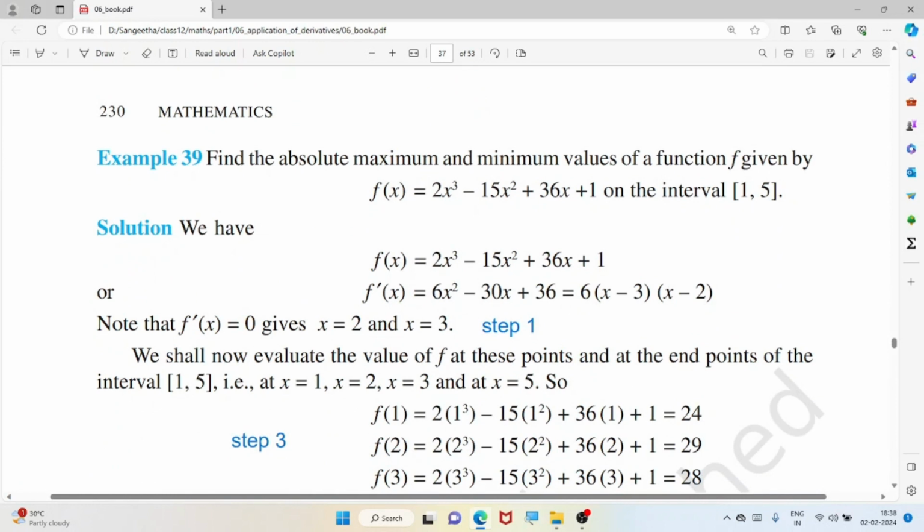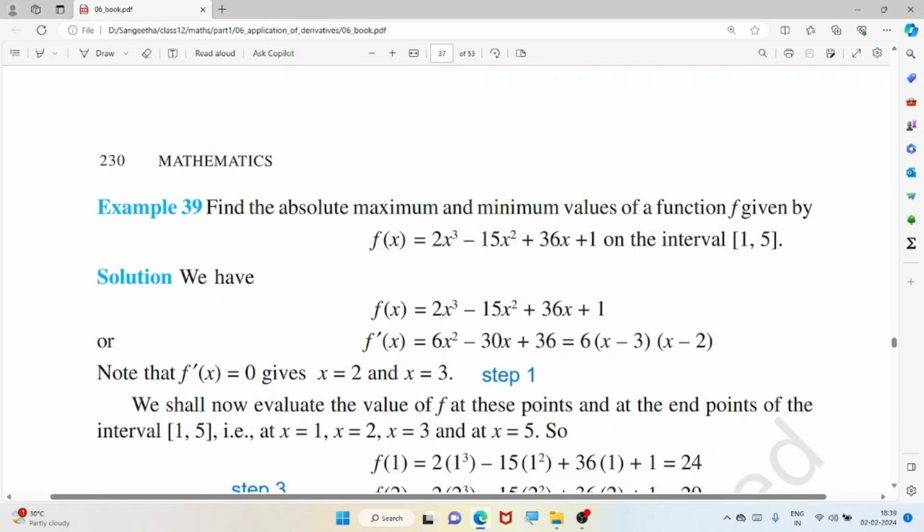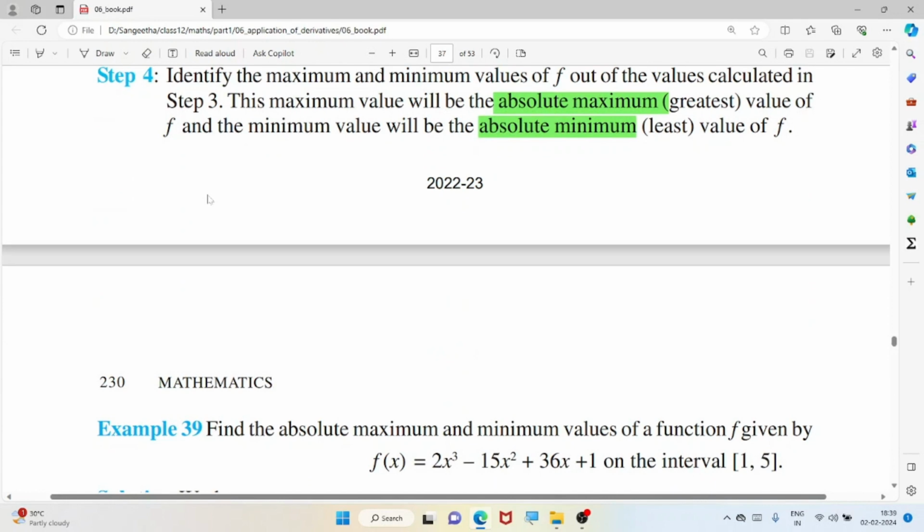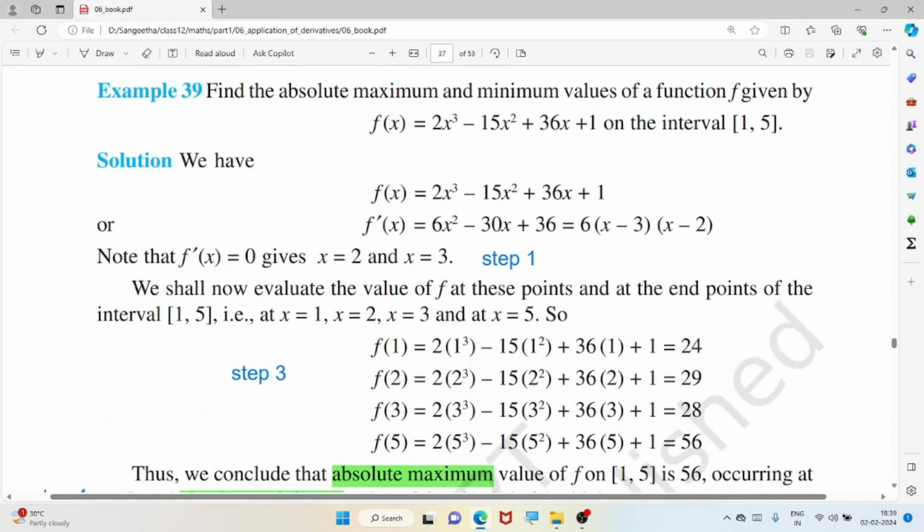Step 1, these are the critical points after differentiation. F dash of x equal to 0 which gives the values of x in this step 1. Also the points where f is not differentiable. This is where f dash of x is 0, or f dash of x does not exist. Those are the critical points.